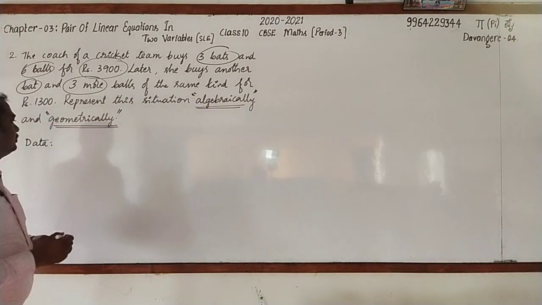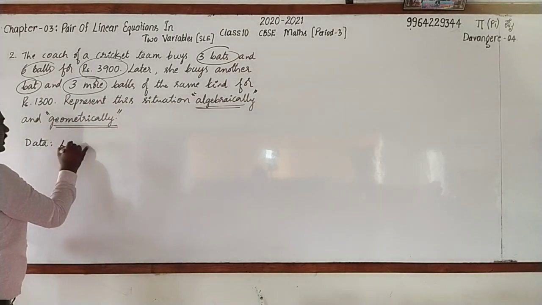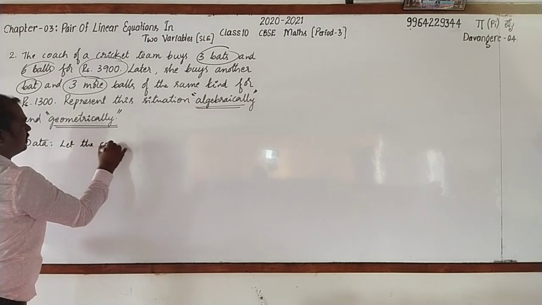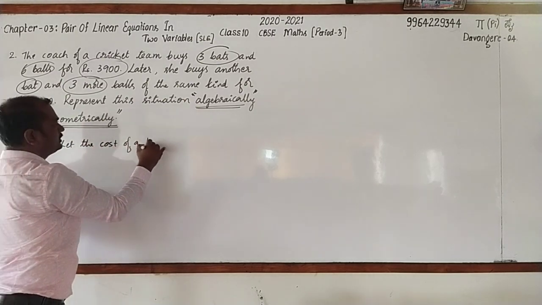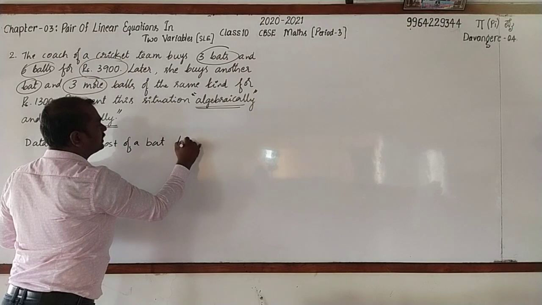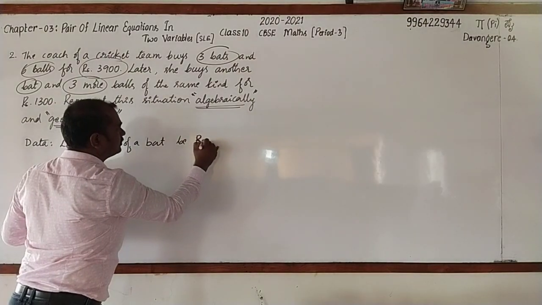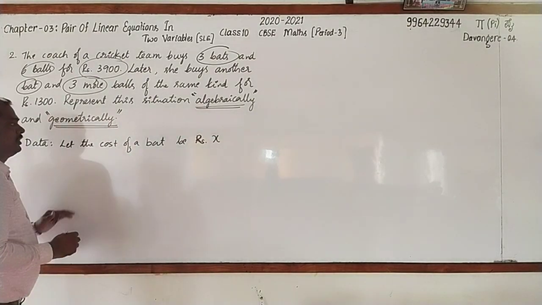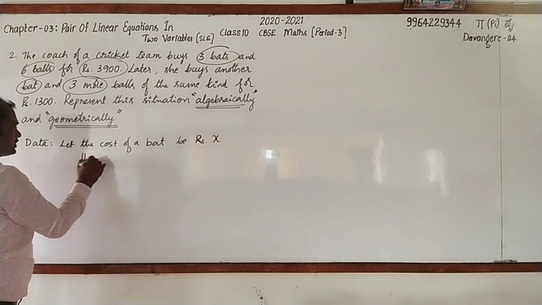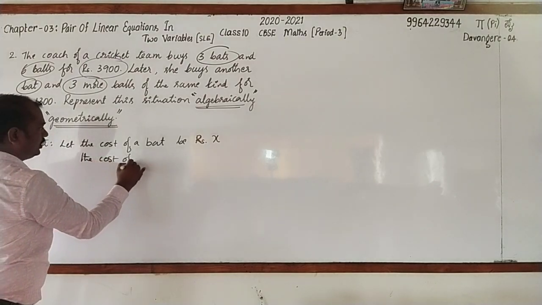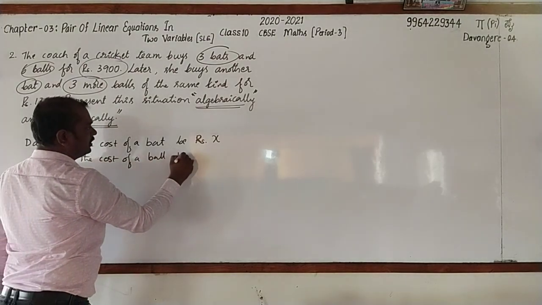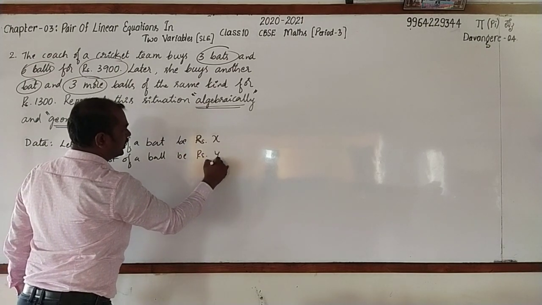Let us assume this. Let the cost of a bat be rupees x, and the cost of a ball be rupees y.